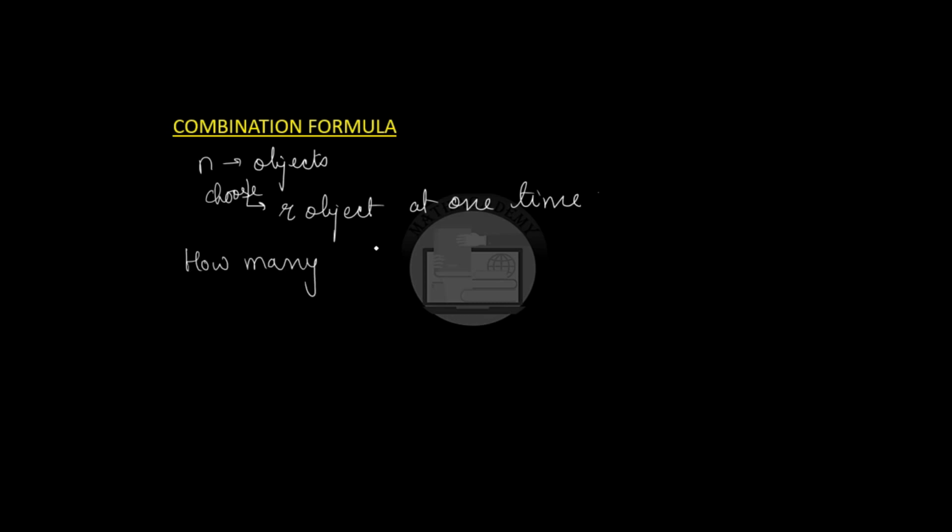The combination formula says that if you have n objects and from these n objects you have to choose r objects at one time, then how many such combinations are possible? This answer is given by the combination formula.